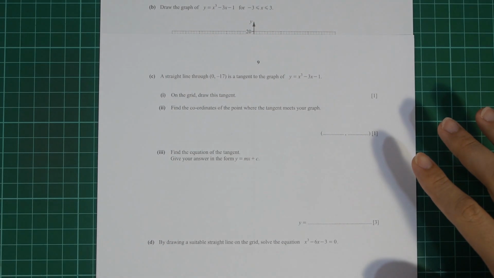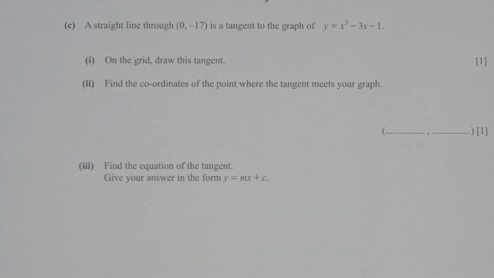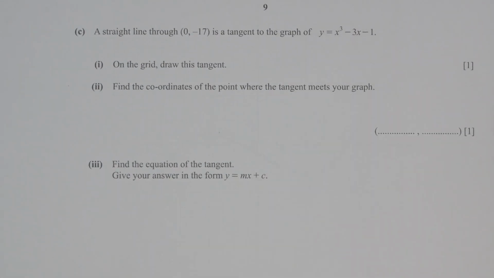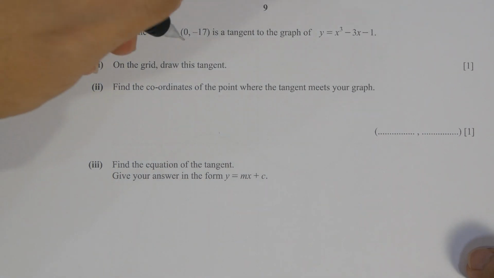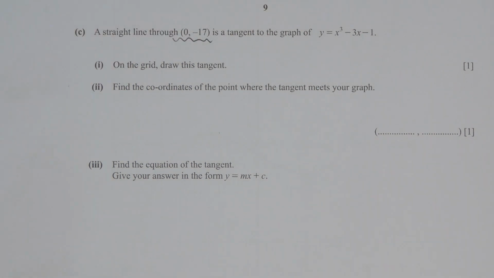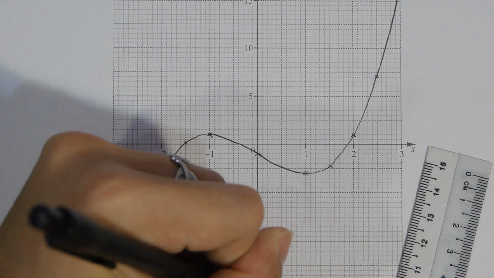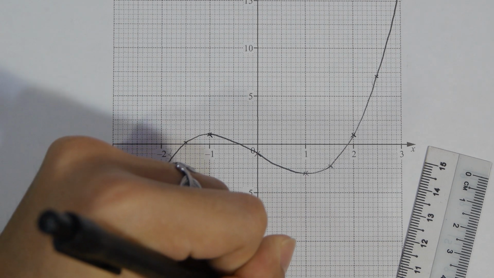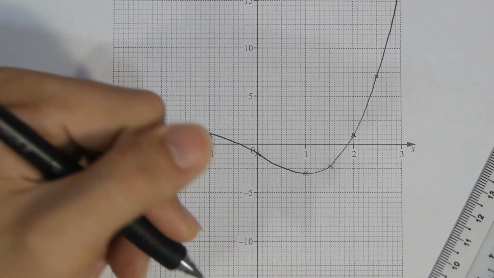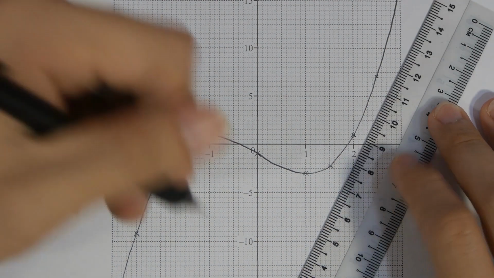So in question C, a straight line through 0, negative 17 is a tangent to the curve. Okay, so this is the question where most students fail to answer. So always plot down the point first and then try to join the point to the curve.